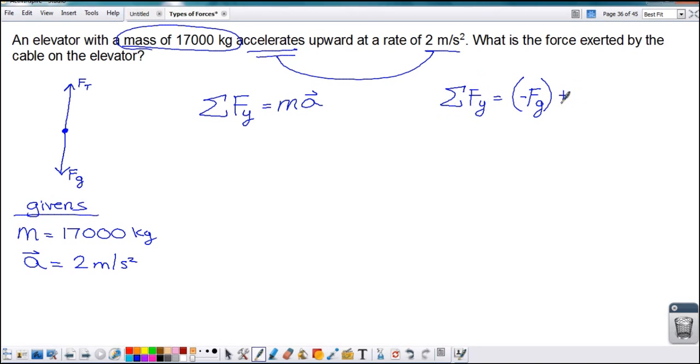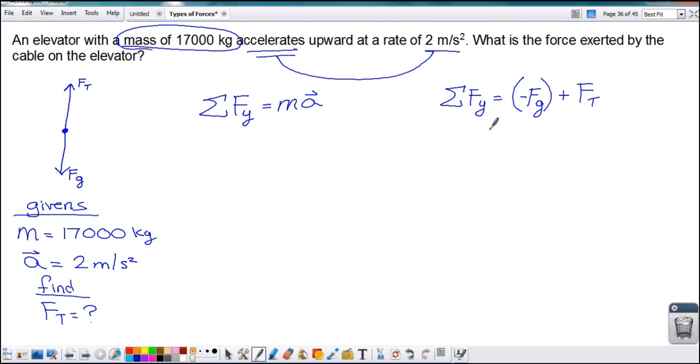And again, the net force means add them up, so I'm going to add that gravitational force to the tension force. Now I've got two equations up here. It's good that one of them has what I'm trying to find because I am trying to find the tension force. Okay? And when I wrote the first equation, I didn't have a tension force in there, but I do in the second one.